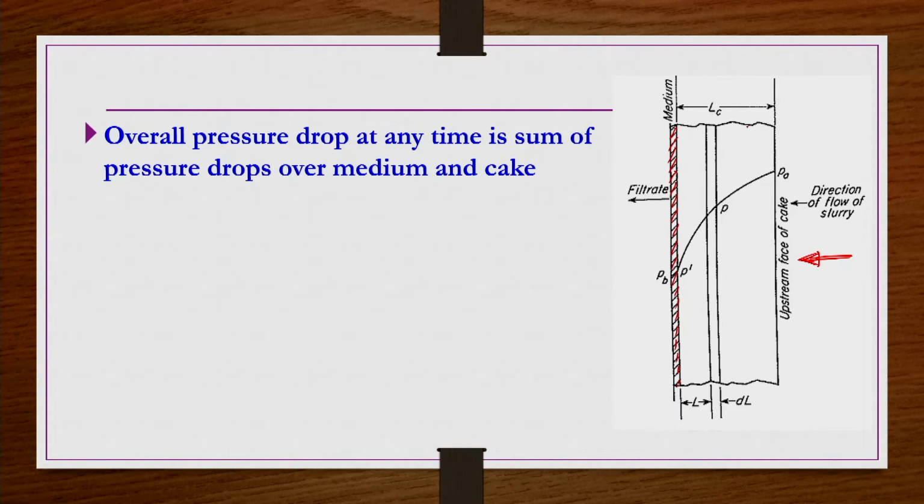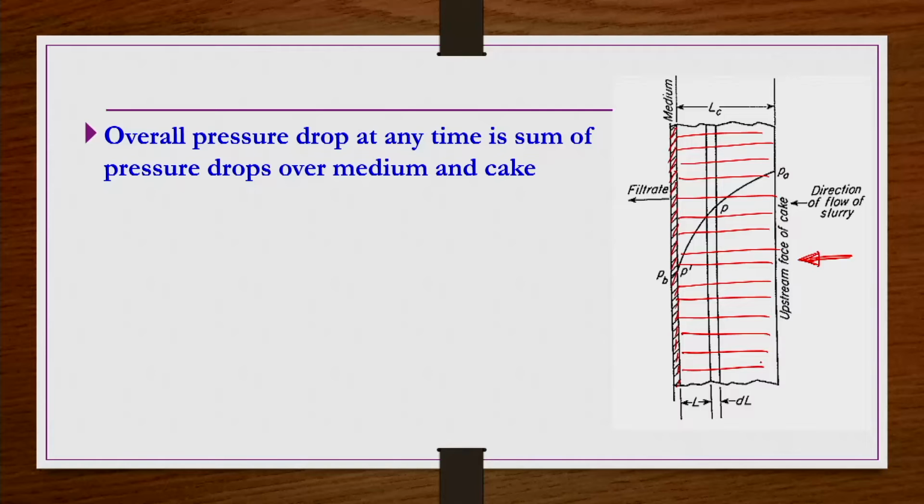This LC represented here is the thickness of the cake that has formed. Usually you do not have a sharp interface like this, but in general, for representation, we can have a sharp interface between the slurry and the top layer of the cake.